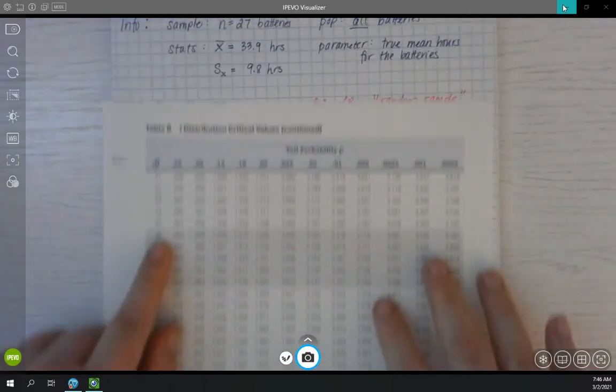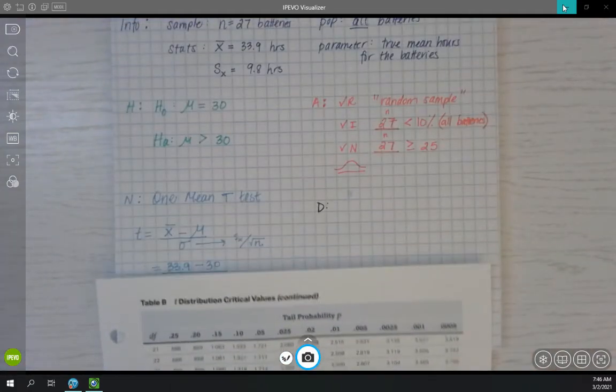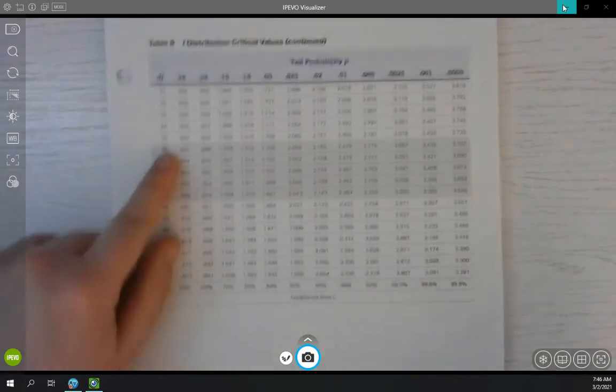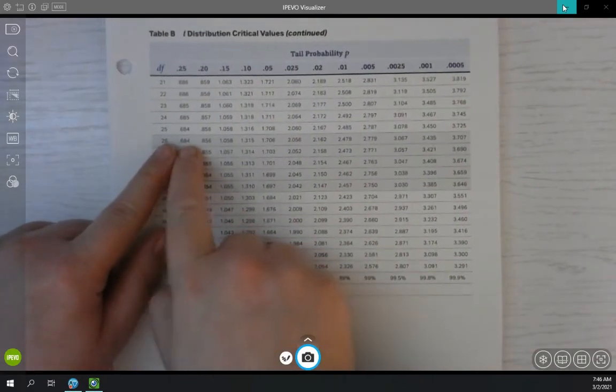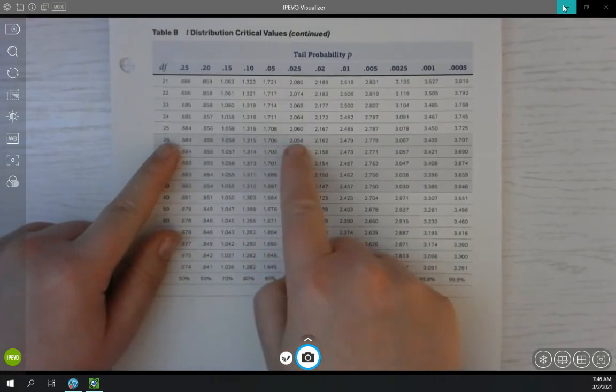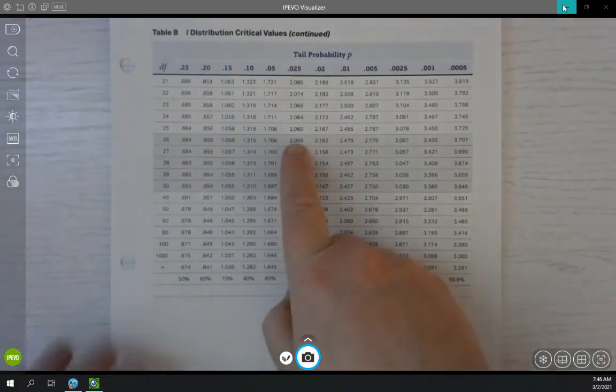Now, what was my t-score? My t-score is 2.06 when I put everything into my calculator. So I'm going to go down the 26th row to get as close to 2.06 as possible. 2.05 is the closest I'm going to get.